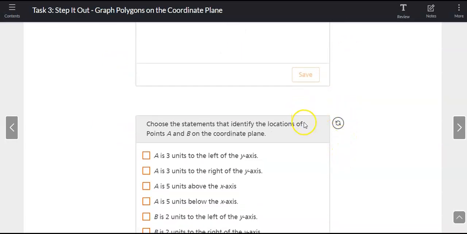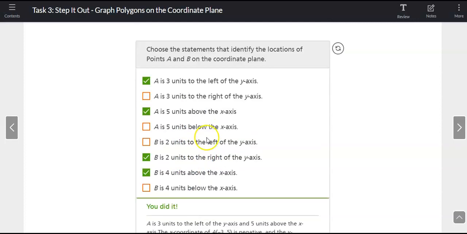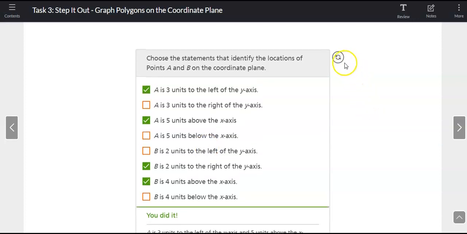We're going to choose the statements that identify the locations of points A and B on the coordinate plane. So A is 3 units to the left of the y-axis. That's right. And A is 5 units above the x-axis. B is 2 units to the right of the y-axis, and it's 4 units above the x-axis.